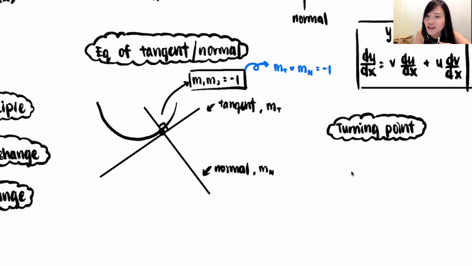For those who are thinking, teacher, how do they know it's -3/2? Super easy. Although m1 m2 = -1, you can straight away just change positive to negative, and negative to positive. And then the 2/3, you just flip it upside down, become 3/2. Let me test you again. This one, -4/5. This one.